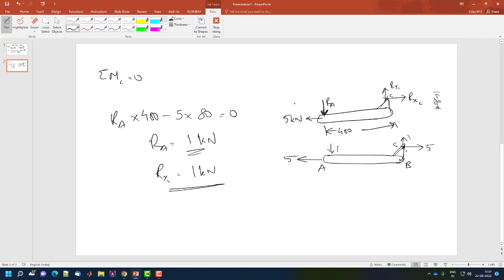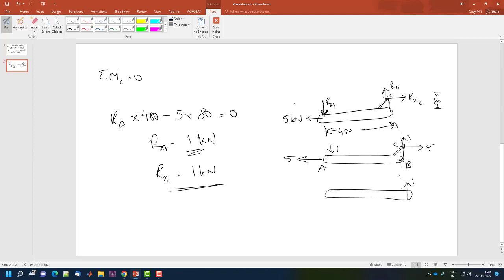We have to use the principle of transmissibility and see whether there are any additional effects. So this 1 kilonewton is acting on C in the y direction, and its line of action is coinciding with B, so there won't be any external moment acting upon B due to this 1 kilonewton. So we can just write 1 kilonewton here.